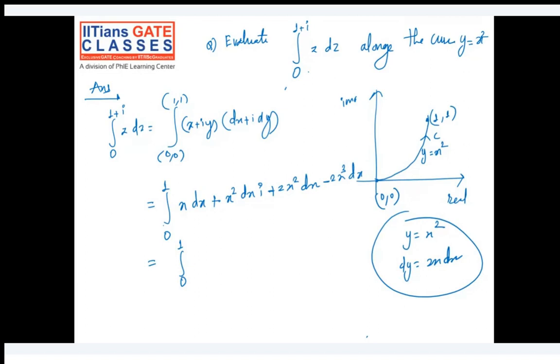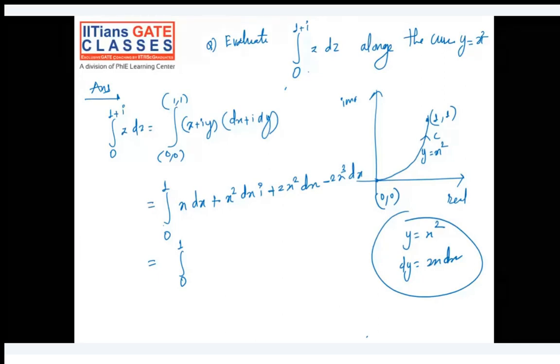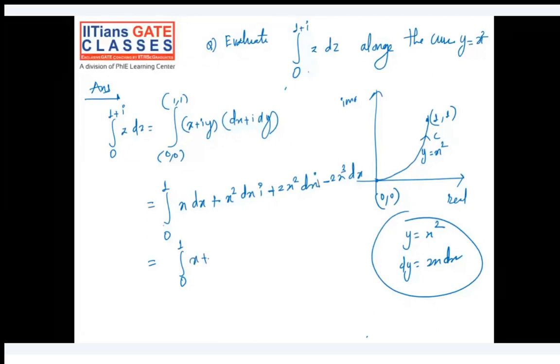I think I missed writing i here. So x square plus 2x square is 3x square, times i, and minus 2x cube dx. Okay, so this is the simplified version of it.